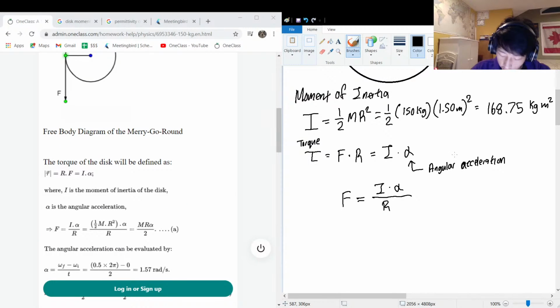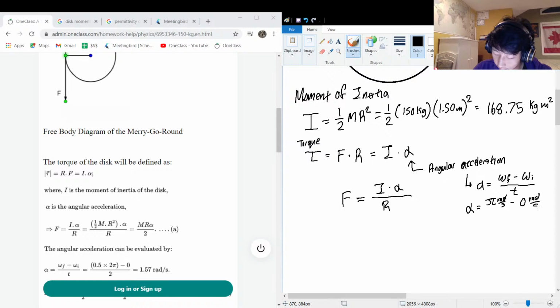Okay, so for the angular acceleration, what we're going to have is alpha equals omega final minus omega initial divided by time. And we have values for all of that. Omega final is pi rad per second minus 0, because it starts at rest.